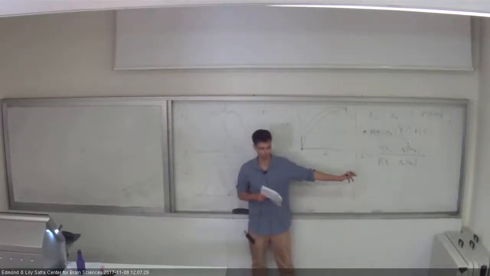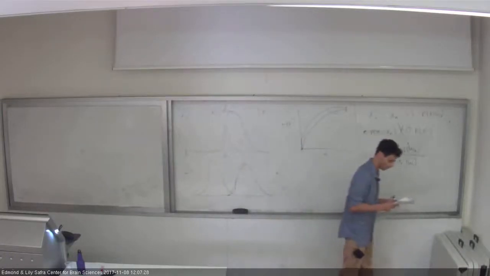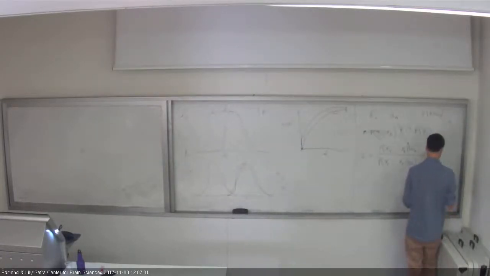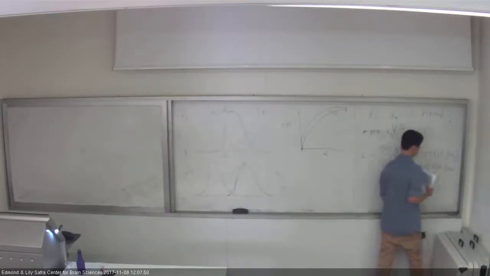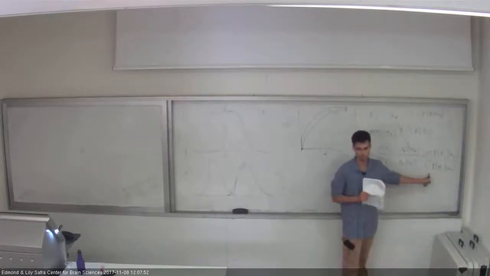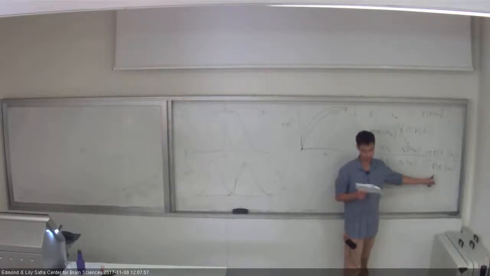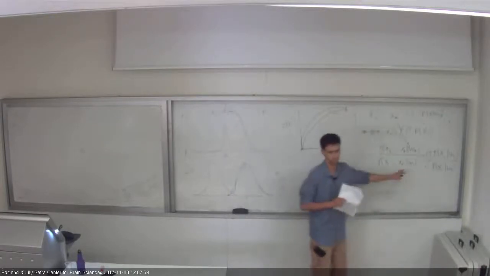Exactly. It's the product over i of P of xi given omega 0 divided by P of xi given omega 1. Multiplication on i.